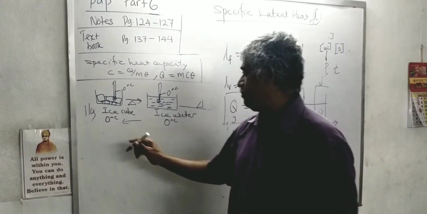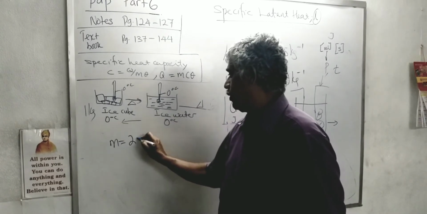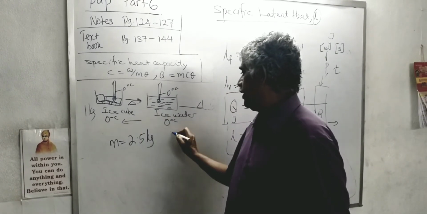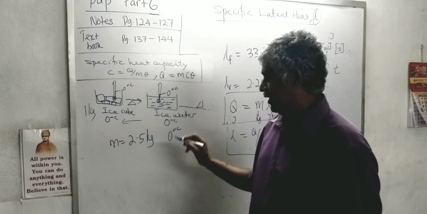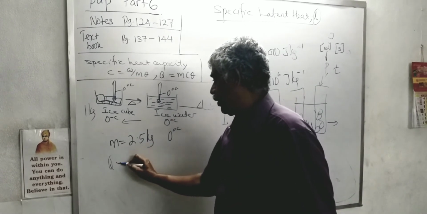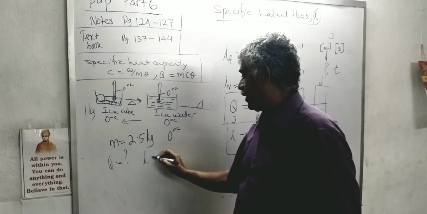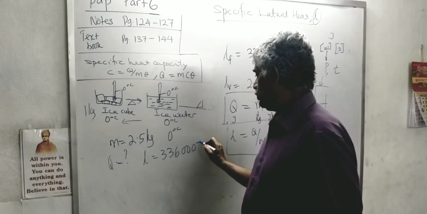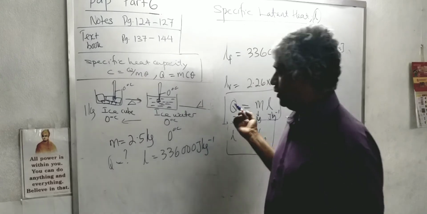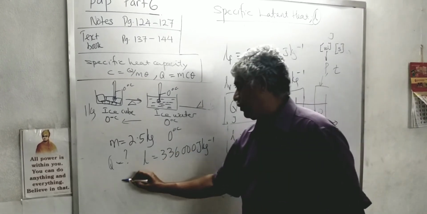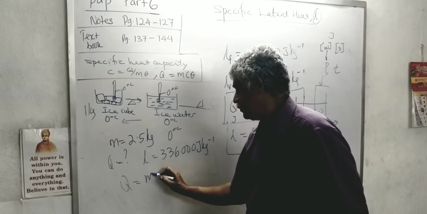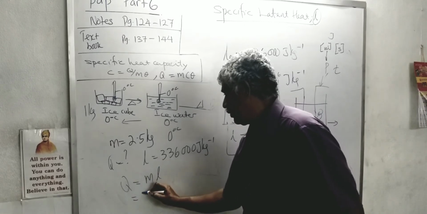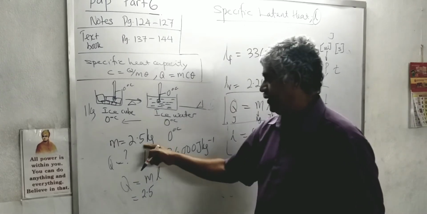That means m is 2.5 kg. We are melting it at 0 degrees Celsius. How much heat do you require? Given the specific latent heat of ice is 336,000 joule per kilogram. So it's very simple. Q equal to ml. M is 2.5, it must be in kg.